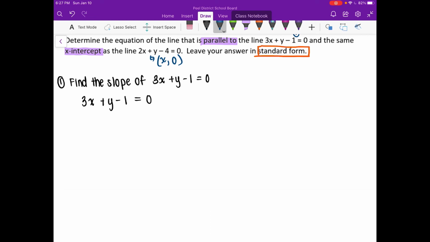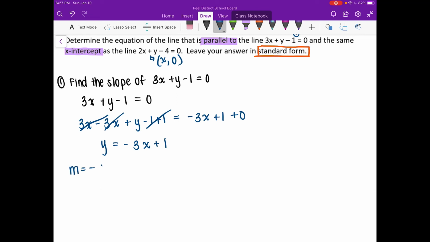Let's leave the y here. Let's get rid of the 3x on this side. Let's get rid of the negative 1 on that side. So then I'm left with negative 3x plus 1 plus 0. This cancels, this cancels. So I'm left with y equals negative 3x plus 1, right? So my slope is going to just be negative 3.